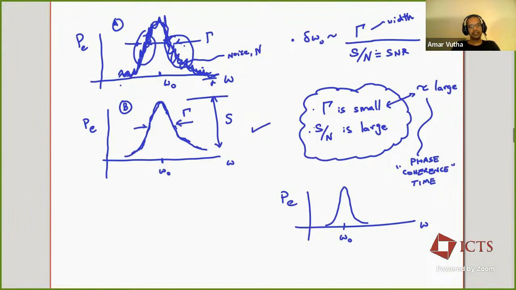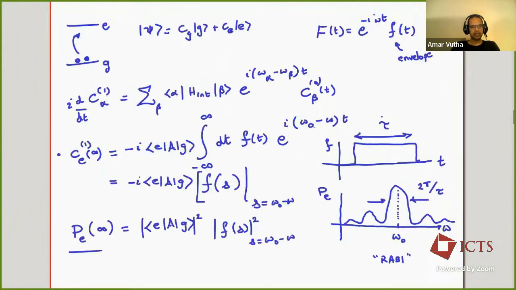The excited state lifetime, if you have spontaneous decay, or in fact, in other systems, there can be other reasons why the excited state has a lifetime as well, in addition to spontaneous decay. But basically, that excited state lifetime, or what you call the atomic line width, again, is a measure of the duration for which this excited state wave function evolves coherently without skipping phase, before getting reset by spontaneous emission.